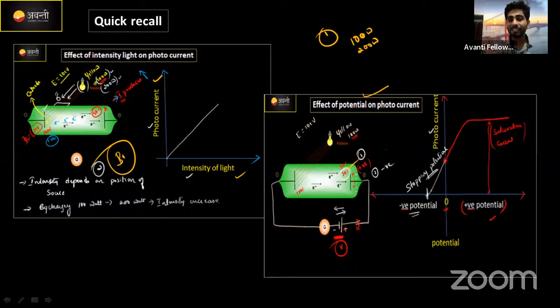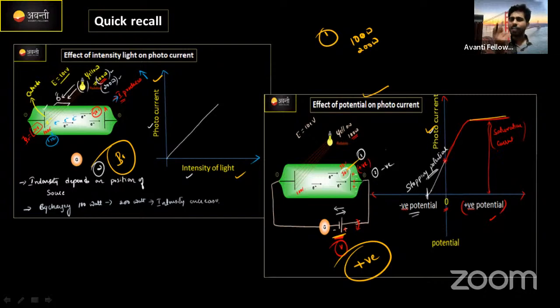By increasing the positive potential, photo current also increases up to a certain level. It depends upon the battery capacity, how much voltage battery you take. After that it reaches a saturation region. We call that the saturation current.